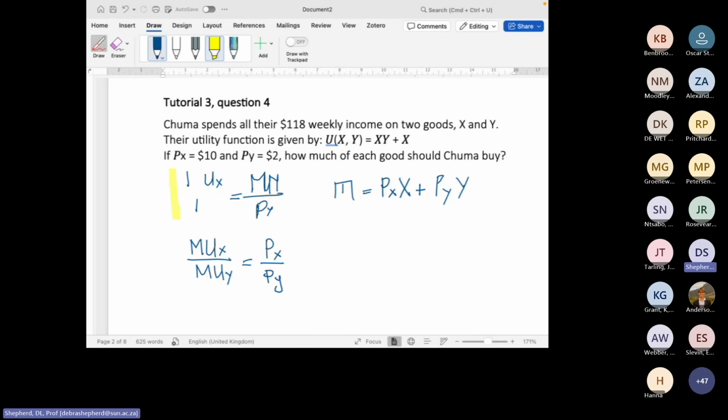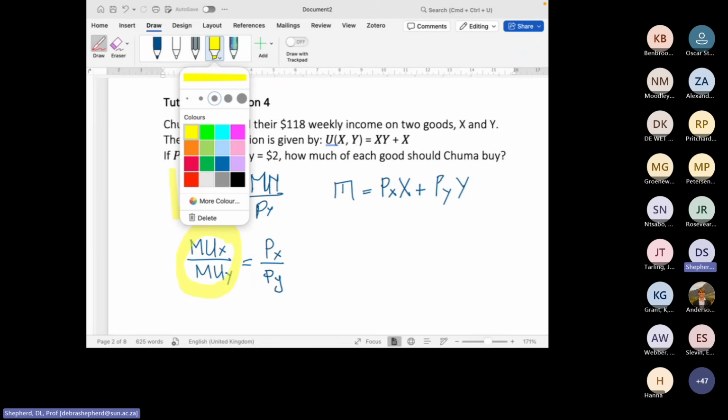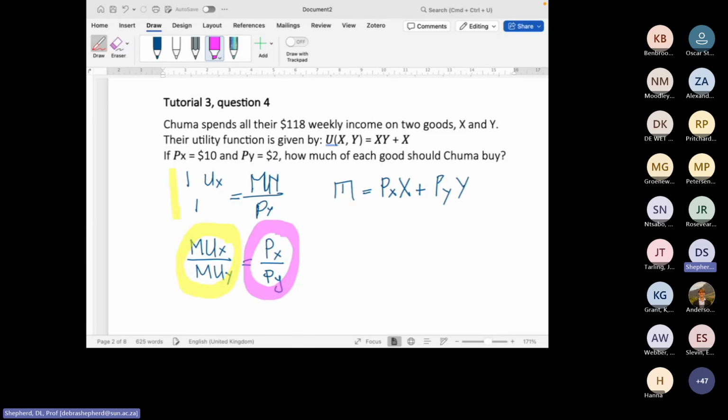So this MUX over MUY, that's my marginal rate of substitution. So that is the rate at which the consumer is willing to trade the two goods. And then the price X over the price Y is the opportunity cost of X, the relative prices of these two goods. So that represents the rate at which the market wants the consumer to trade these two goods, or the rate at which they have to trade these two goods in the market.